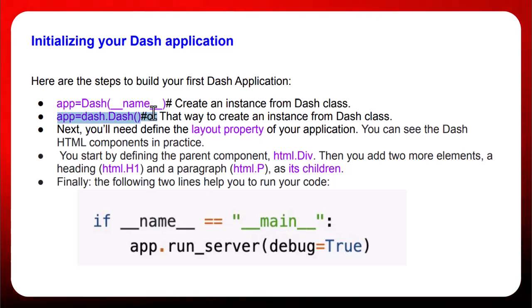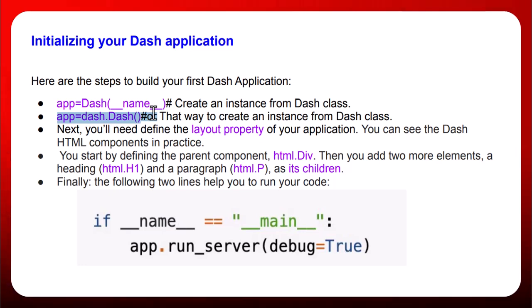Following that, when you finish, create the app and define the content of your app using HTML. After that, of course, we're going to run our code, because otherwise it would not be done. How are you going to do that?